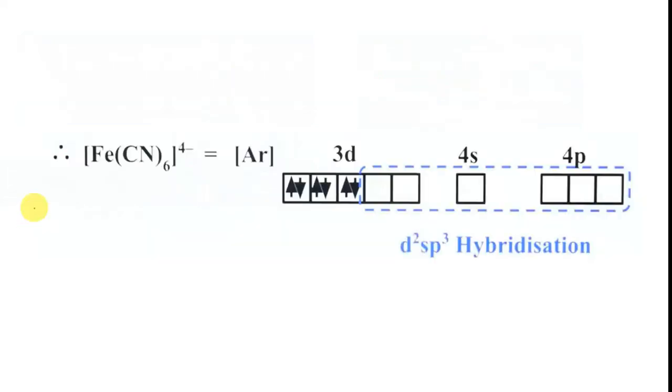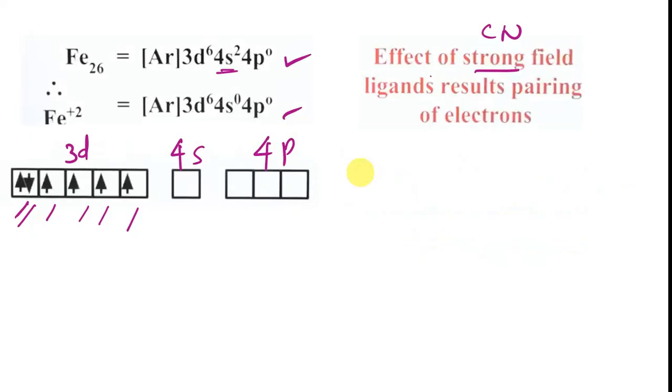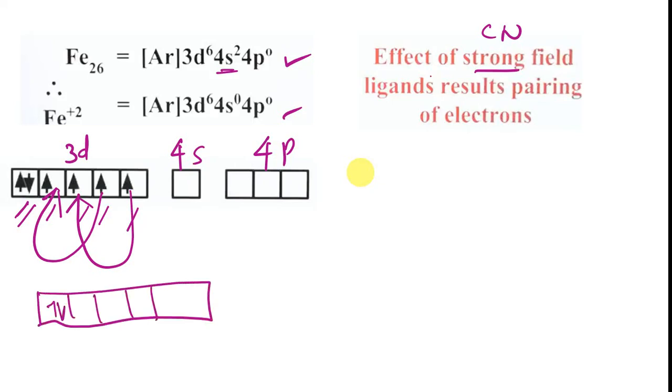When the ligand approaches, what happens? The CN ligand forces this electron to get paired here and forces this electron to get paired here, right? So then how will it be? Here 2 electrons, here 2 electrons and here 2 electrons. Now these 2 places are free. That is 2 d orbitals are free, d2, right?